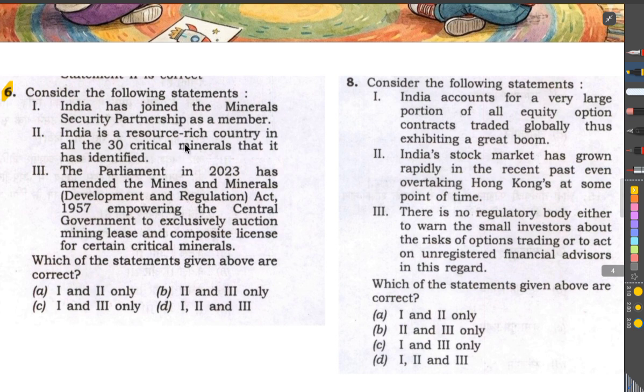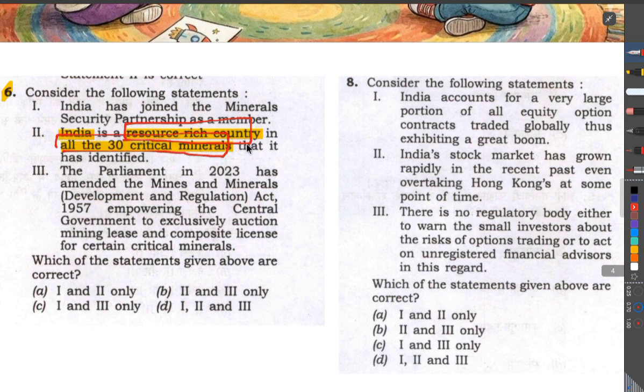See the sixth question from 2025 UPSC Prelims. This is a current affairs based question, and if you read statement 2, it is given that India is a resource rich country in all the 30 critical minerals. You might have read this current affair or you may not have, but see here, India is resource rich in all the 30 critical minerals?